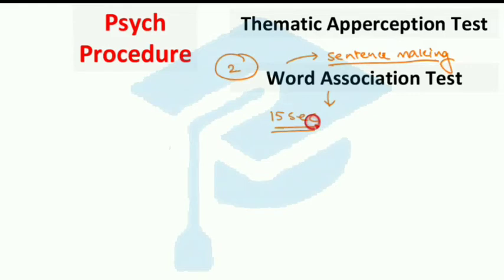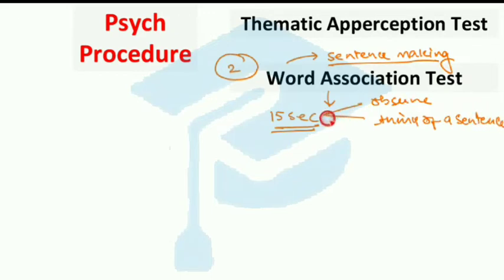A word is flashed before you for 15 seconds. And in this 15 seconds, you have to observe the word. You have to think of a sentence over that word.